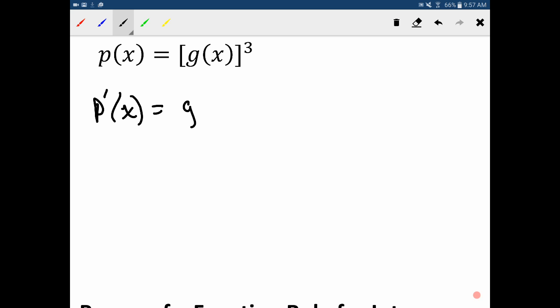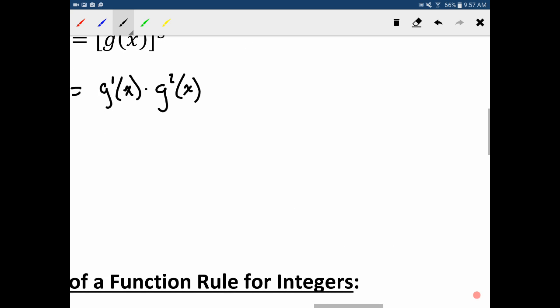So we had g prime of x times g of x times g of x, which I'm just going to write as g squared of x. Then we had another one, g of x times g prime of x times g of x, which, since order doesn't matter, I'm just going to write again as g prime of x times g squared of x.